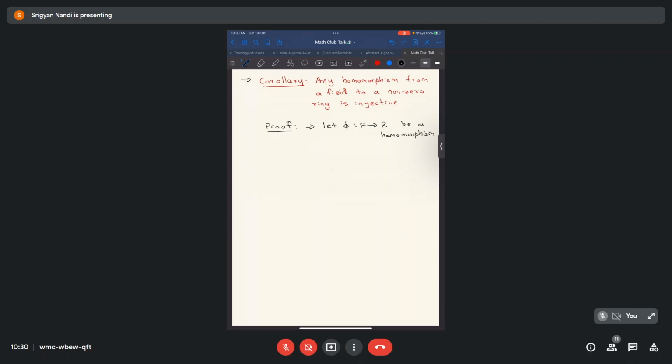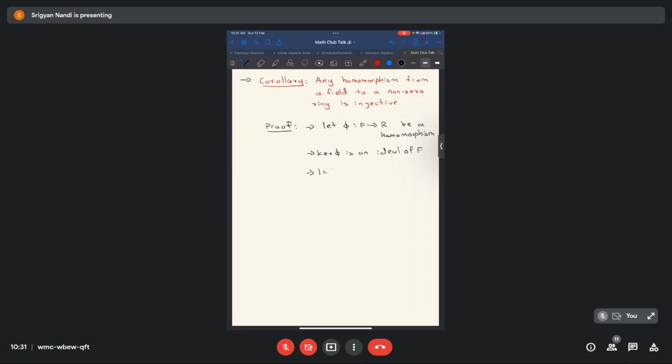As we know, the kernel of phi is an ideal of F. But we just proved that a field F has only two ideals, which are the zero ideal and the entire field F.